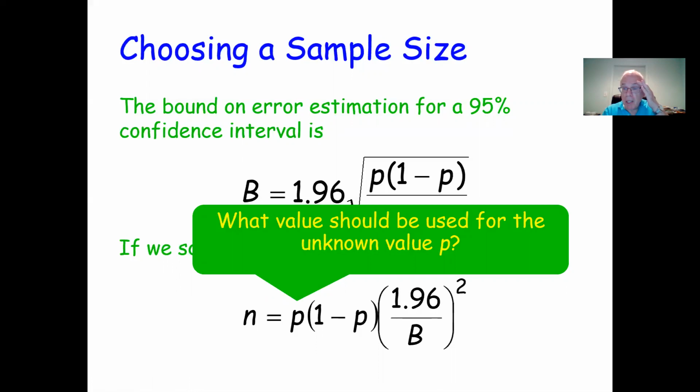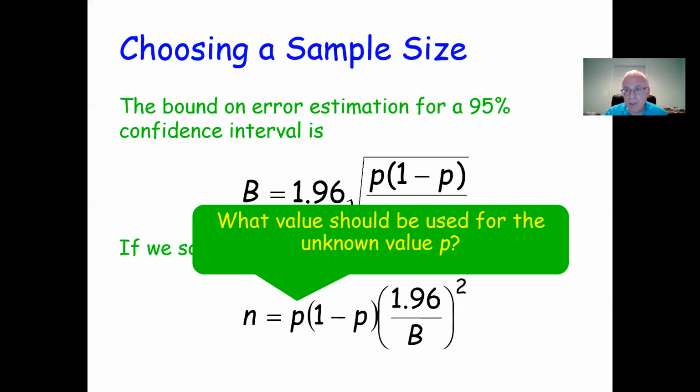Okay. So how do we come up with p? Well, p may be given in the problem where we have to find our minimum sample size. They might say something like, from previous studies, p is estimated to be 0.3 or 0.4, whatever it might be. Or they may not mention it at all.